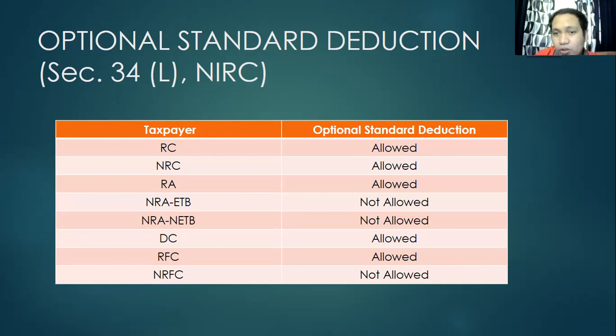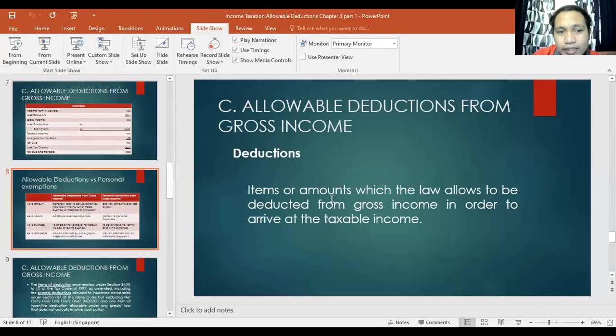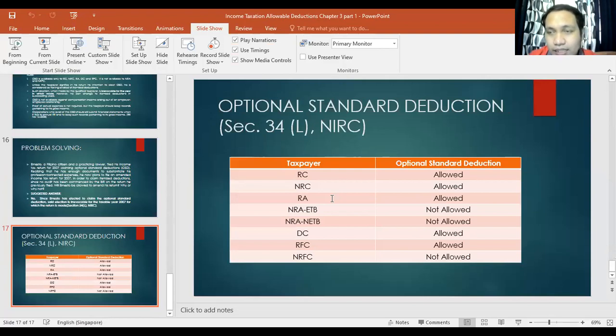So mapapansin nyo, ang allowed lang dito ay yung mga resident citizen, non-resident citizen, and resident alien, domestic corporation, and resident foreign corporation. They are the ones who are allowed to claim optional standard deduction. The rest, they're not allowed to claim it. Okay, so I think that's all for optional standard deduction.